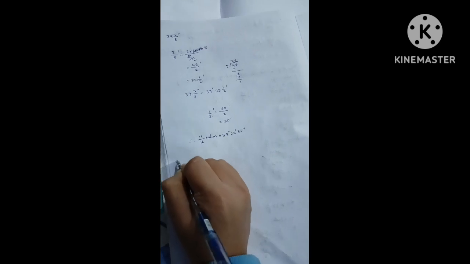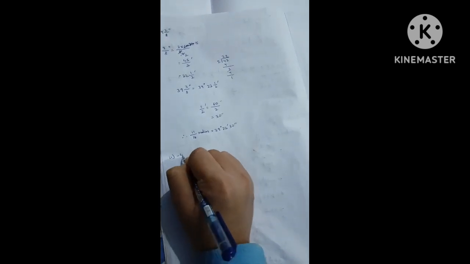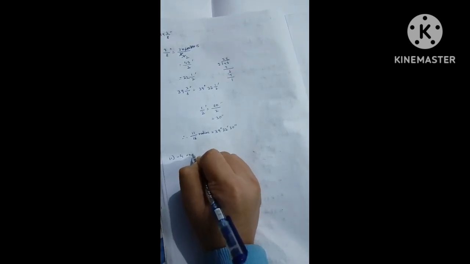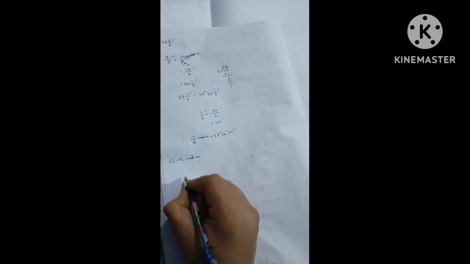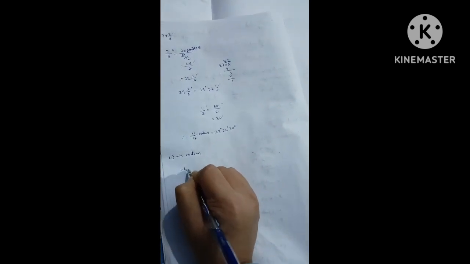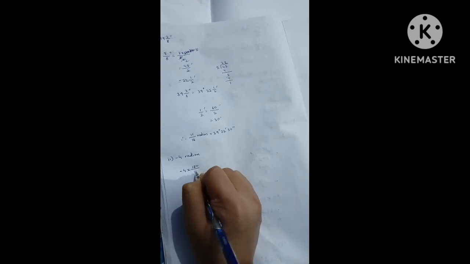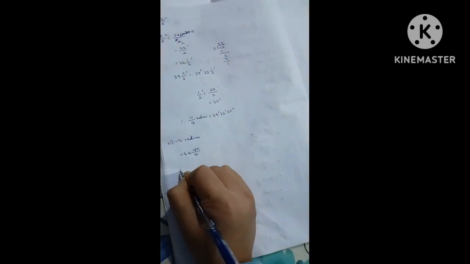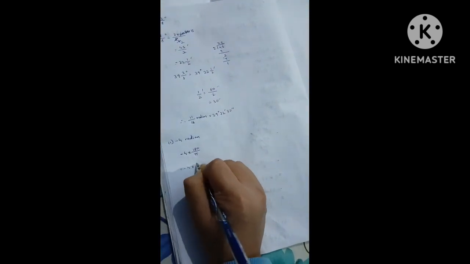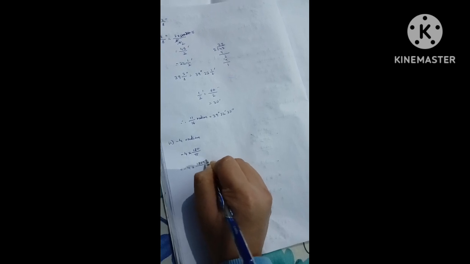Now see the next question, minus 4 radian, which is equal to minus 4 into 180 by pi degrees, which is equal to minus 4 into 180 into 7 by 22.